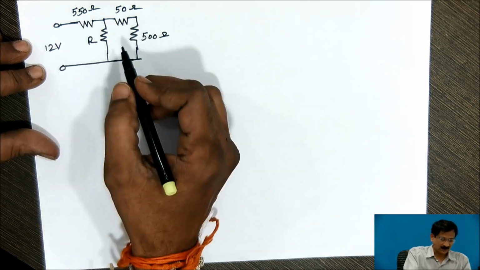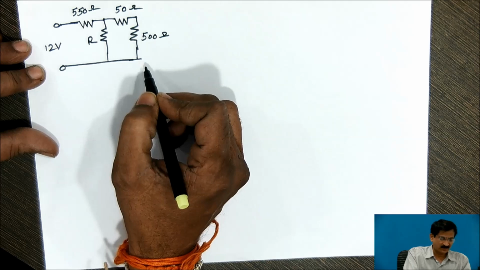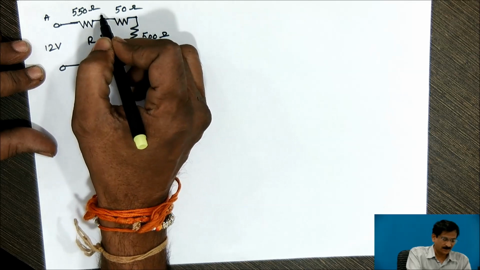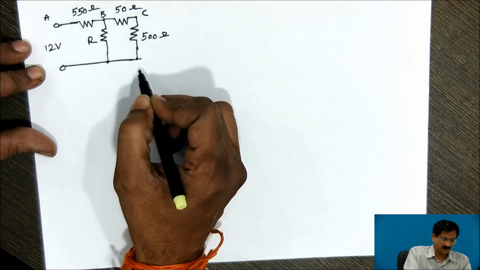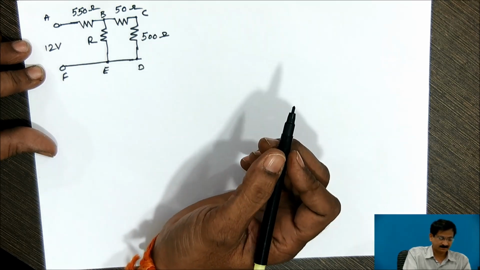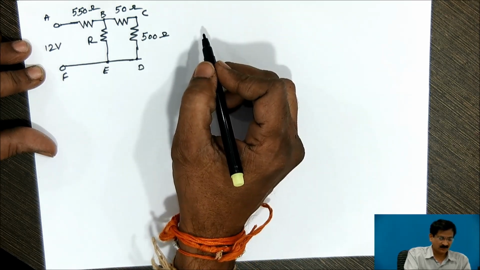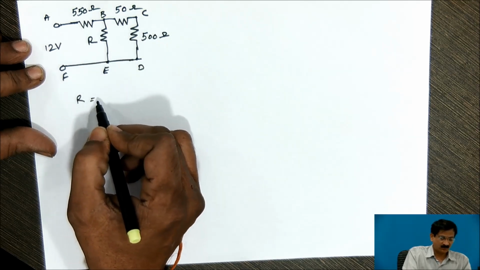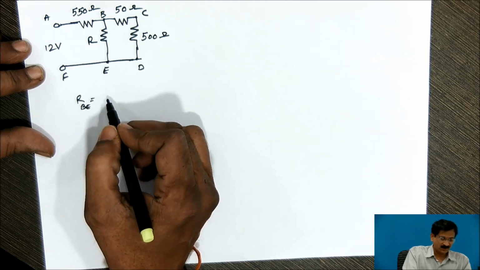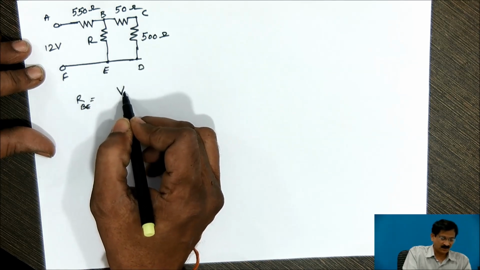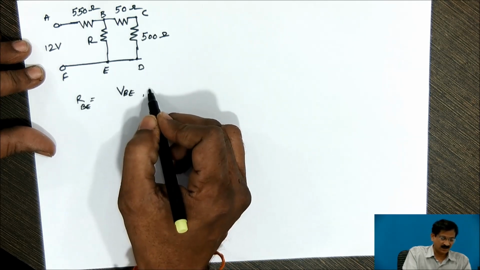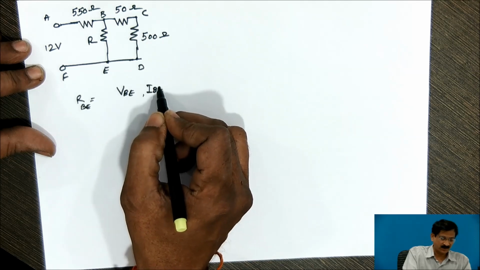Now, first let us give names to various junctions. Say A, B, C, D, E, and F. As I told you, to find out the value of resistance between B and E, it is necessary to find out the voltage across resistance R, as well as the current flowing through branch BE.